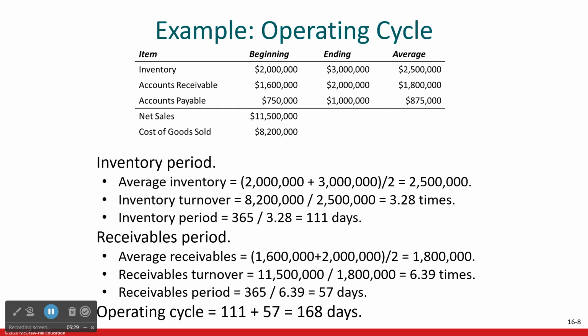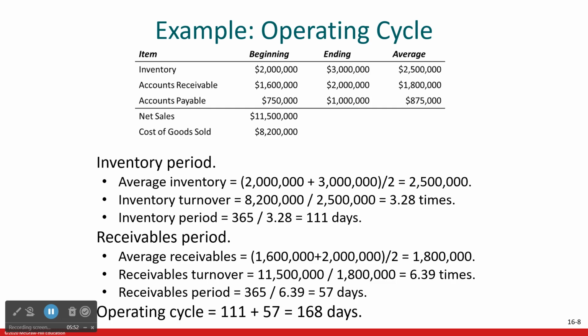Then we see here our receivable period is added on to that. And so doing those calculations, we discover our receivable period is an additional 57 days. And so it takes us 186 days from the time we acquire merchandise to when we actually collect the cash from that sale.